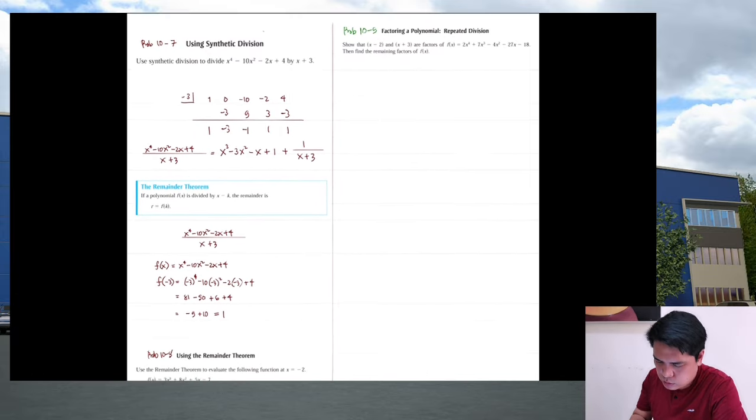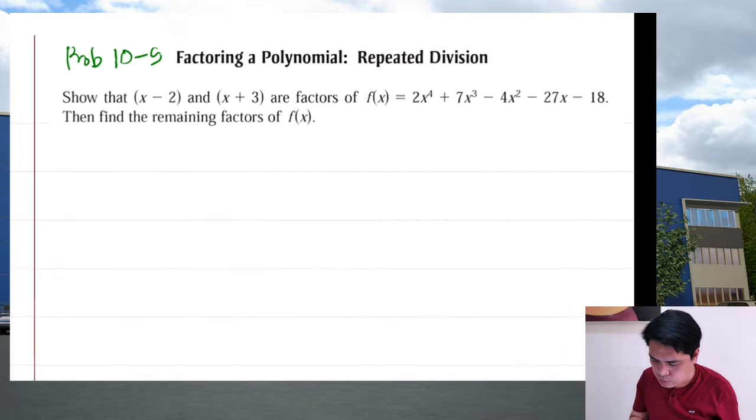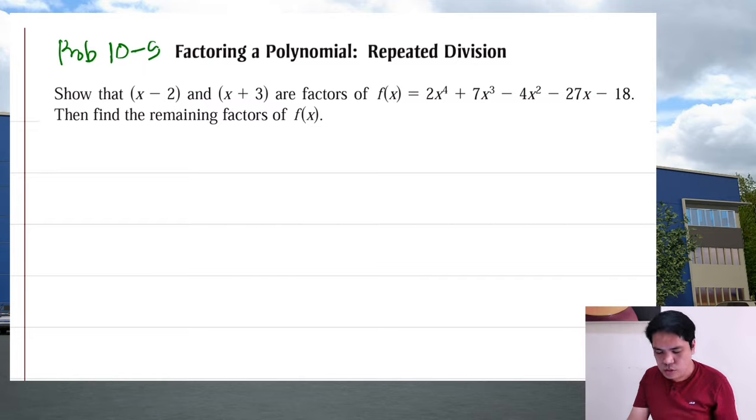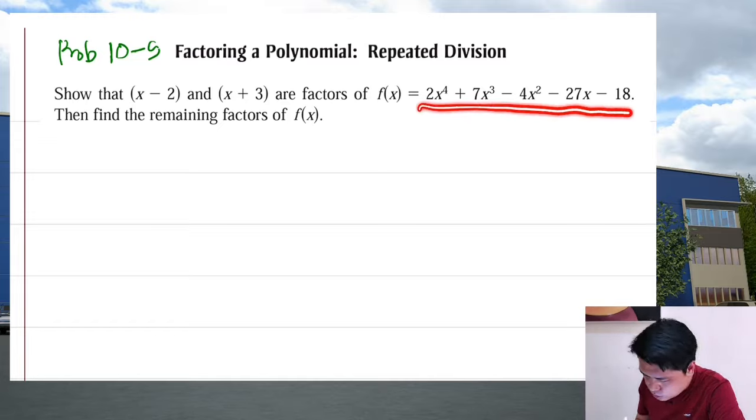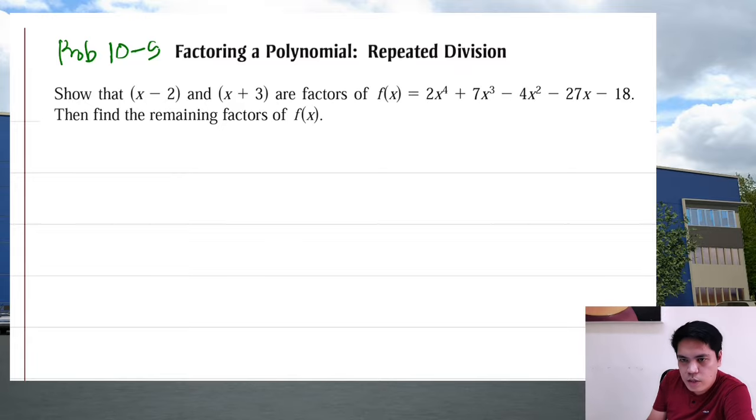Show that x minus 2 and x plus 3 are factors of this polynomial. Then find the remaining factors of f of x.